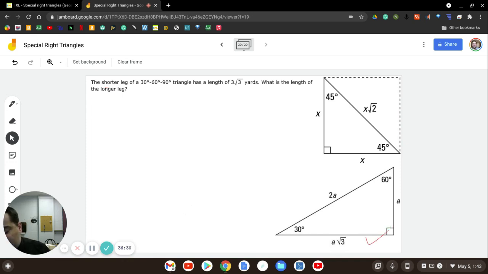The shorter leg of the 30, 60, 90 is 3 square root of 3. So 30, 3 square root of 3. What is the length of the longer leg? The longer leg would be opposite 60, right? So opposite 30 is going to be a. A equals 3 square root of 3.